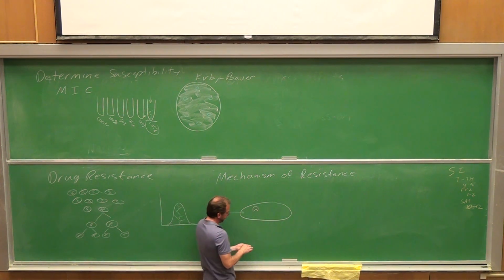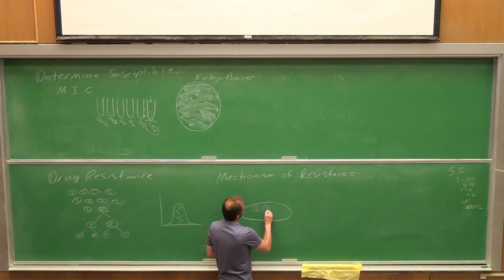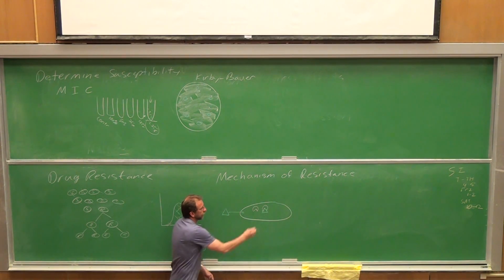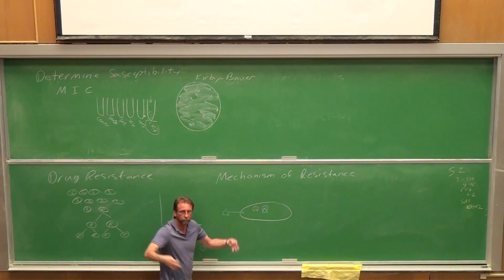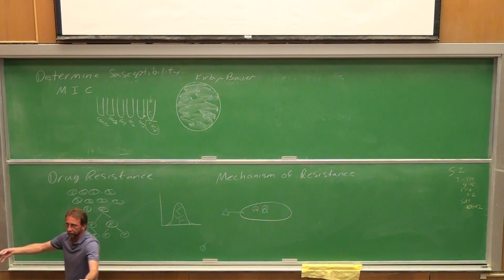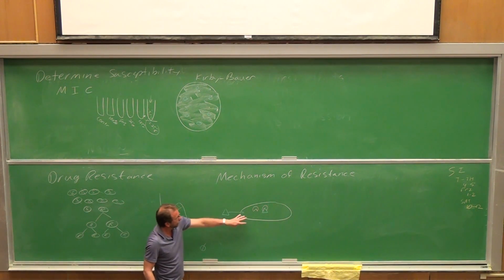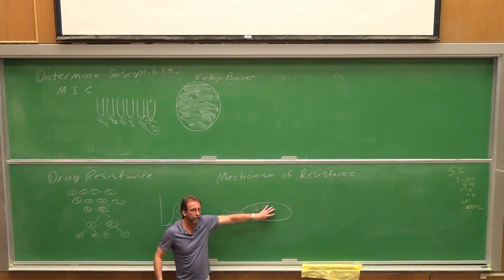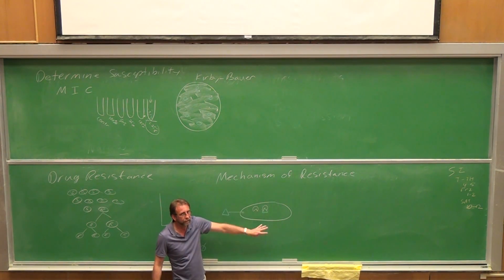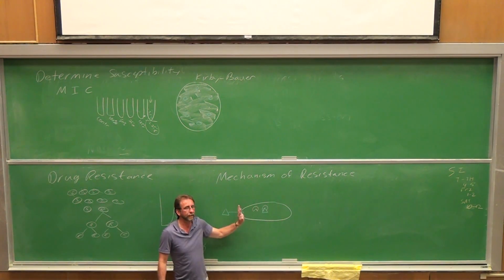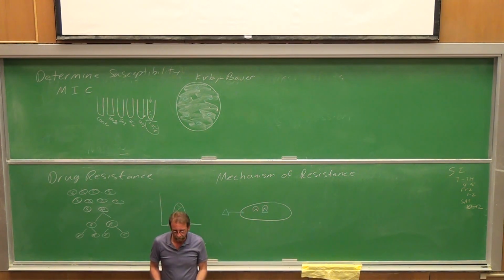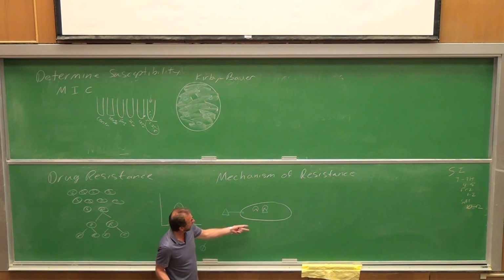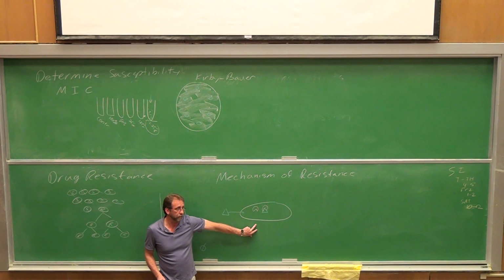The drug will bind to that target compound, and essentially this compound now has been eliminated. If it's necessary for a metabolic pathway, a protein synthesis, DNA synthesis, something like that, it's going to interfere with that pathway. So this is what we would expect from a non-resistant cell.